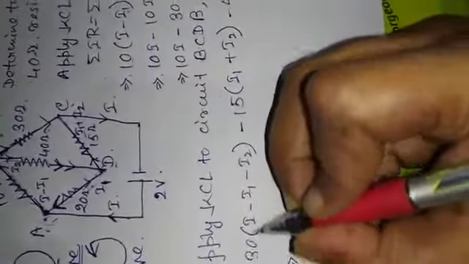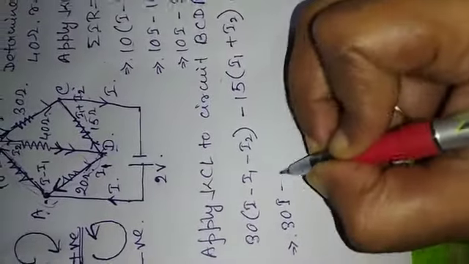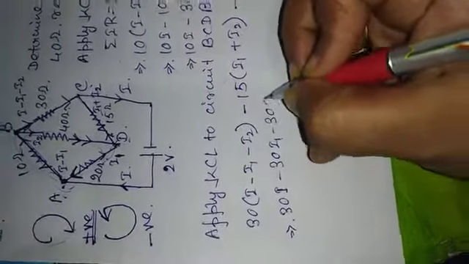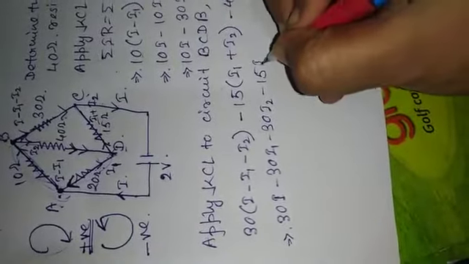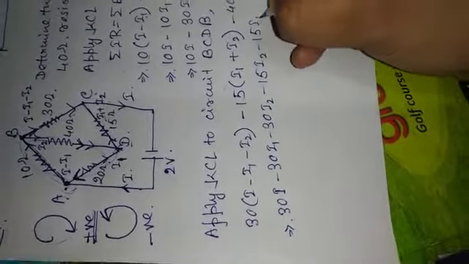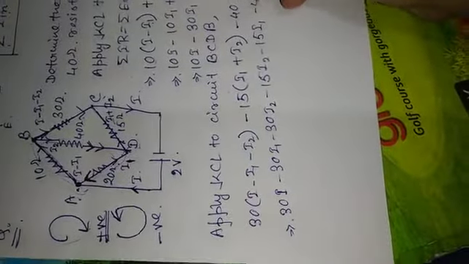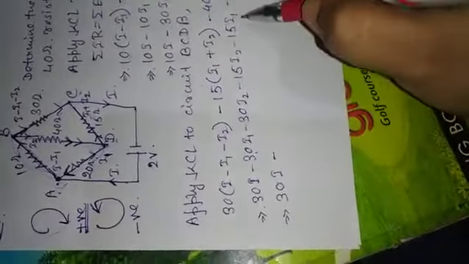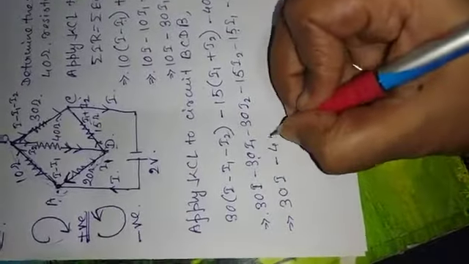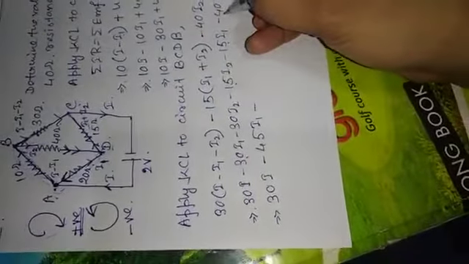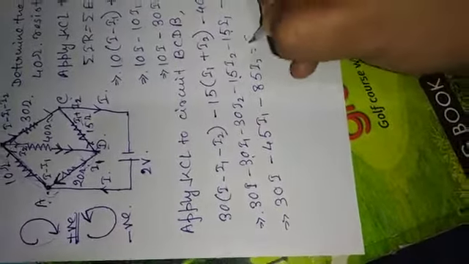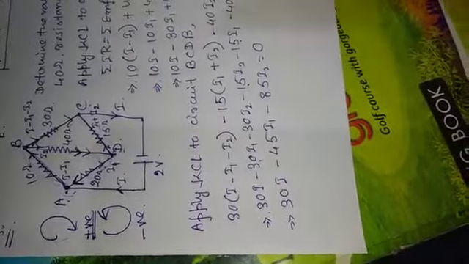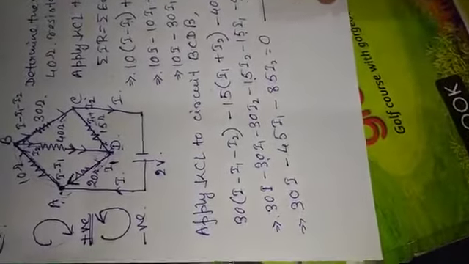Again 30 I minus 30 I1 minus 30 I2. And here 15, that will be 45 I1, and 15 plus 40 is 55... 85 I2, that will be 0. Clear? So this is my equation 2.